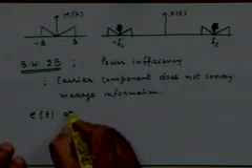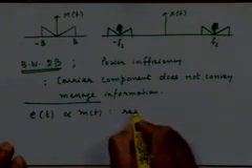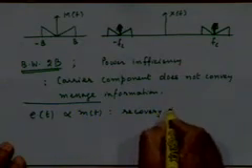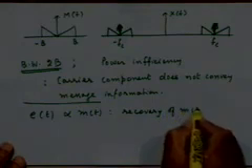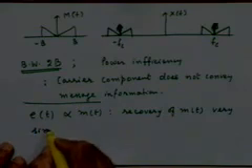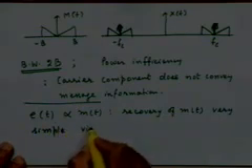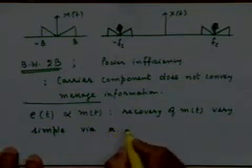The demodulation can be effected extremely simply by using a very simple circuit which we call the envelope detector. Basically we use the fact that the envelope E of t is proportional to M of t, and that makes the recovery of M of t very simple by a device which you call a diode detector.